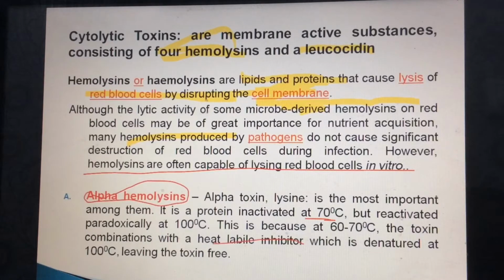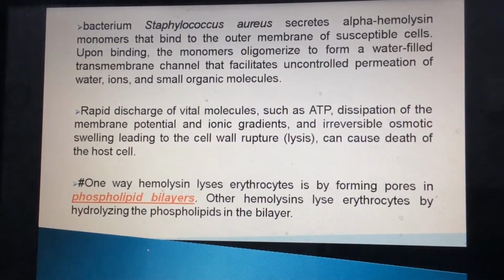The alpha toxin's activity is heat labile and can be inhibited and denatured. The actual mode of action of this protein is inhibited, but the protein is temperature labile. According to temperature, the activity may be inhibited or controlled. This is not a very important factor.